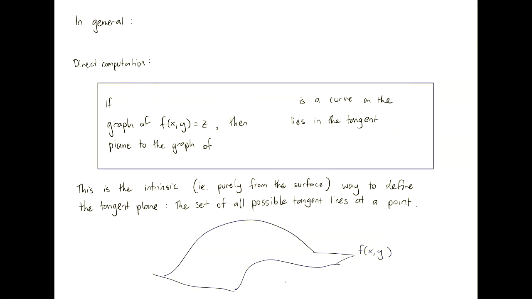So in general, we have found that normal vectors can be constructed as minus fx, minus fy, 1, at least in 2D. The construction of the normal vector is a little more complicated sometimes. And we can construct the tangent space by looking at the derivative of a curve in some way.